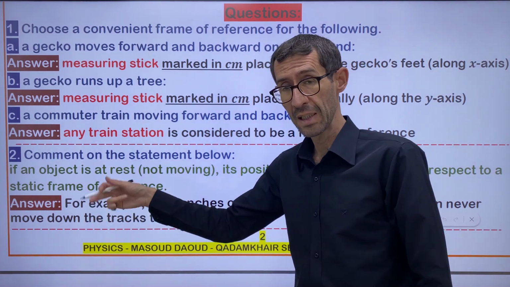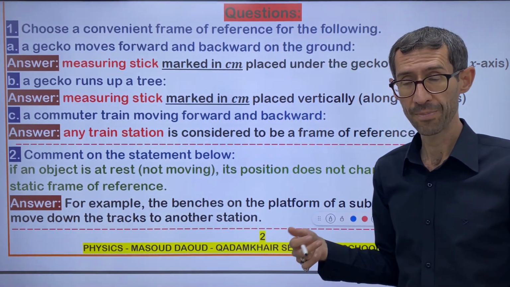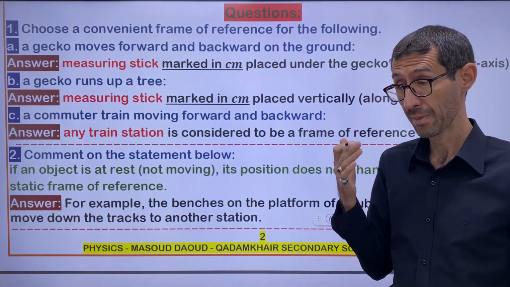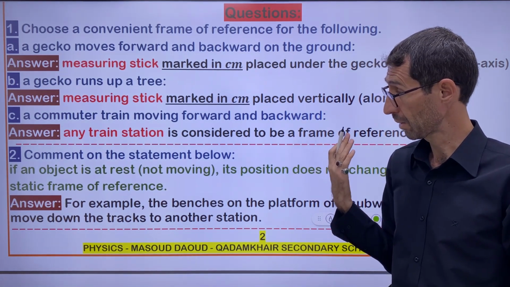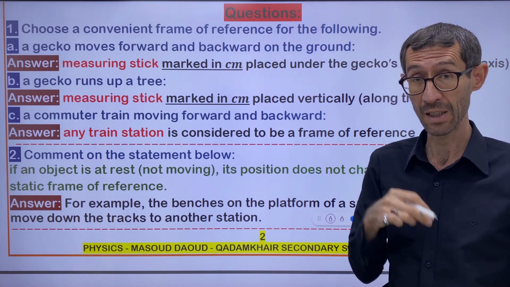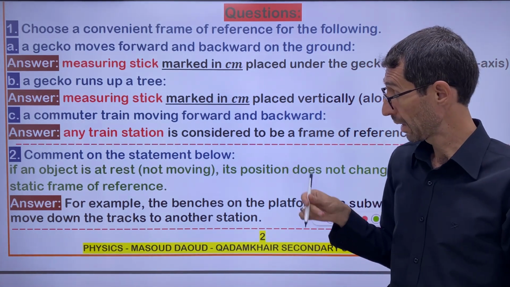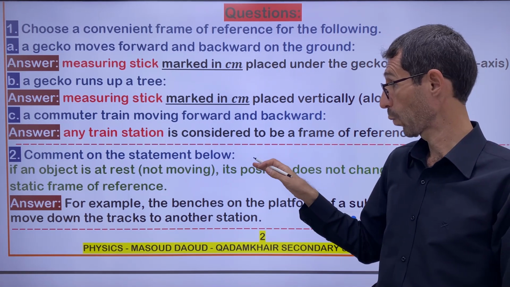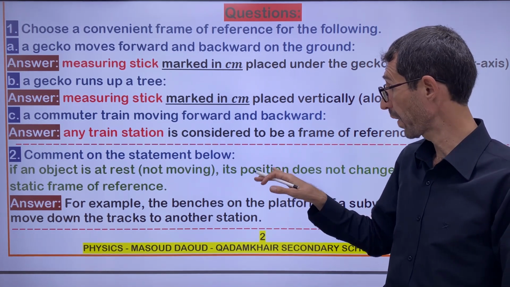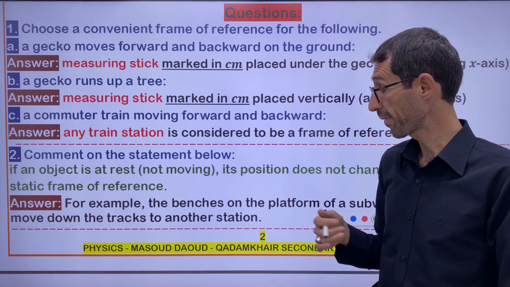You can answer this question just by giving an example that has to do with the train station, with the frame of reference.